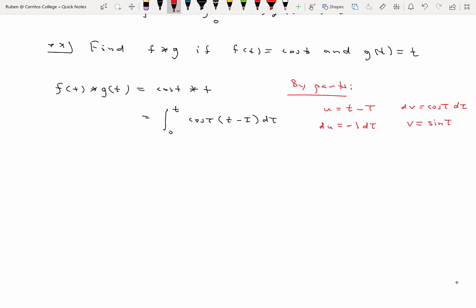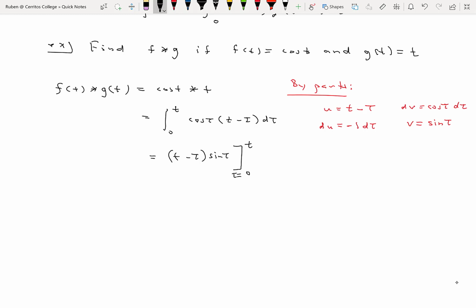Okay, so now let's use the integration by parts formula. It says this integral is u times v, so t minus tau times the sine of tau. It's a definite integral, so this is for tau varying between 0 and t.